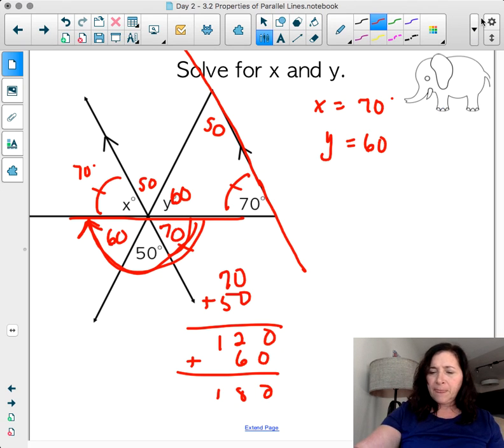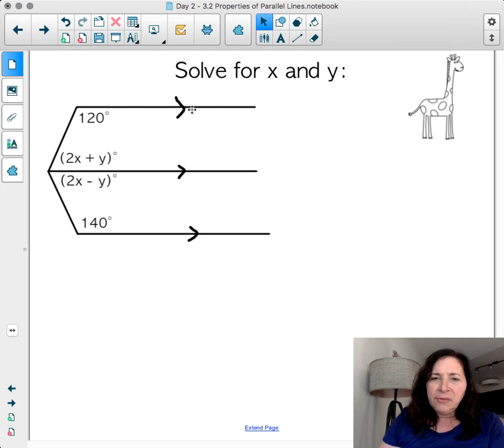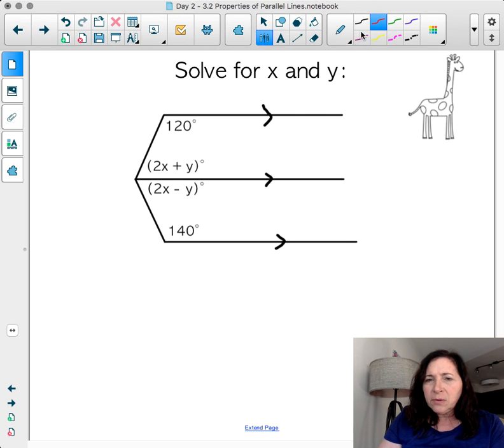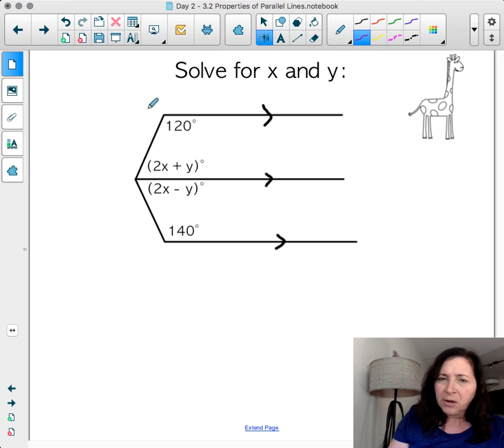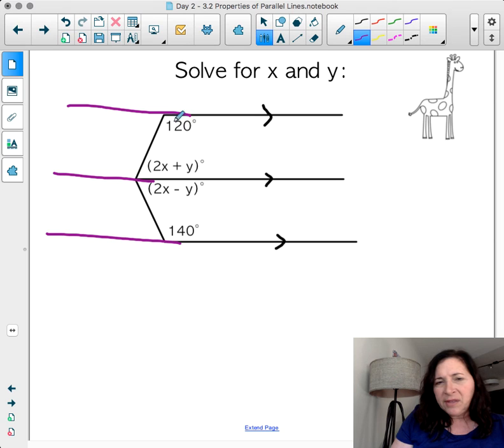Okay. The next question, now this one by far is probably the trickiest problem. But if you listen to what I was saying and actually extend your parallel lines, this might be helpful, extending these lines right here. This may be one way to see this.